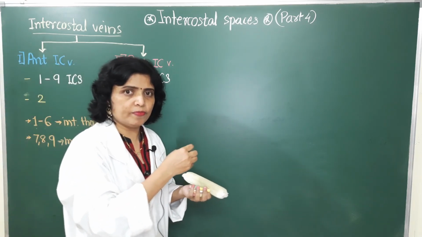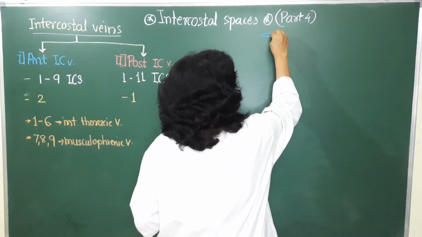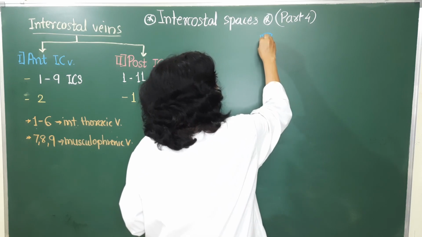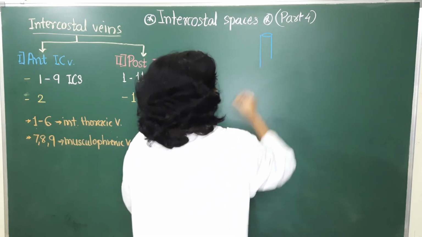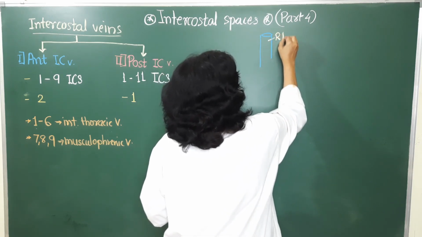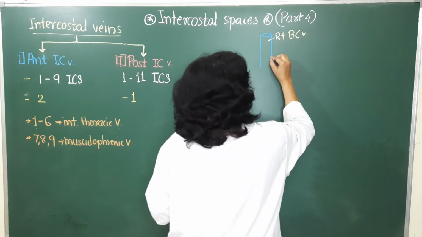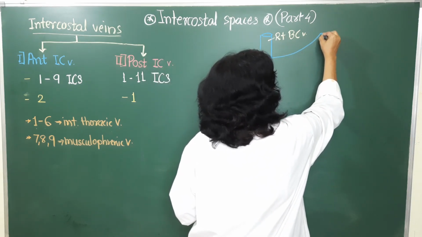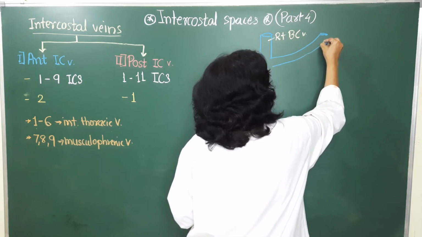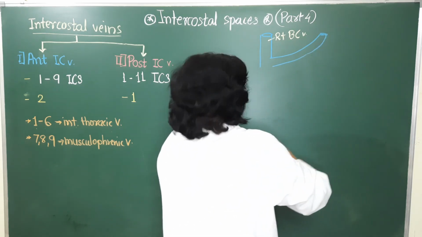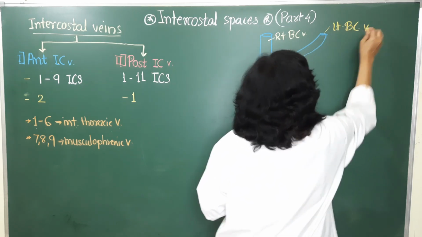Now for the drainage of the posterior intercostal veins, here I will draw one diagram. Suppose this is the right brachiocephalic vein. It unites with the left brachiocephalic vein, suppose this is the left brachiocephalic vein.